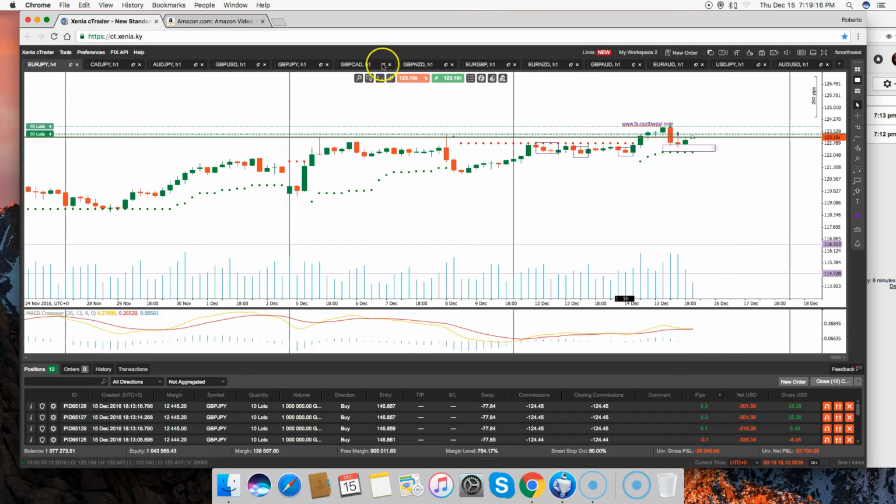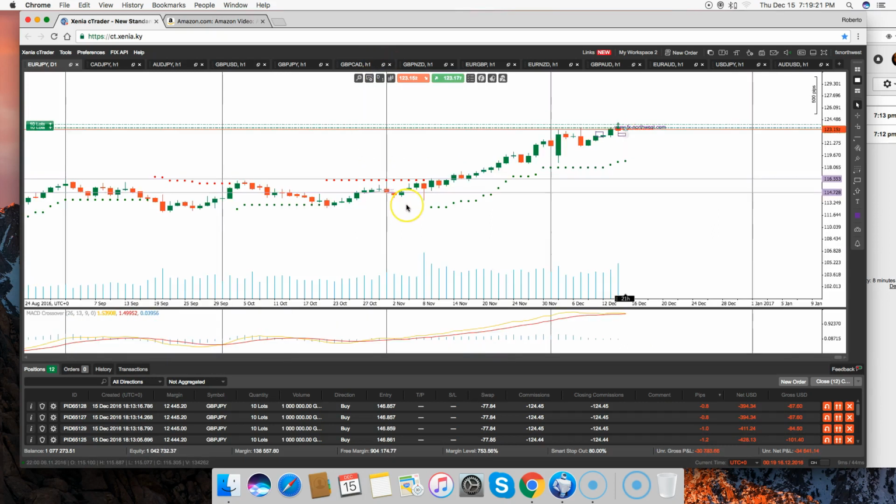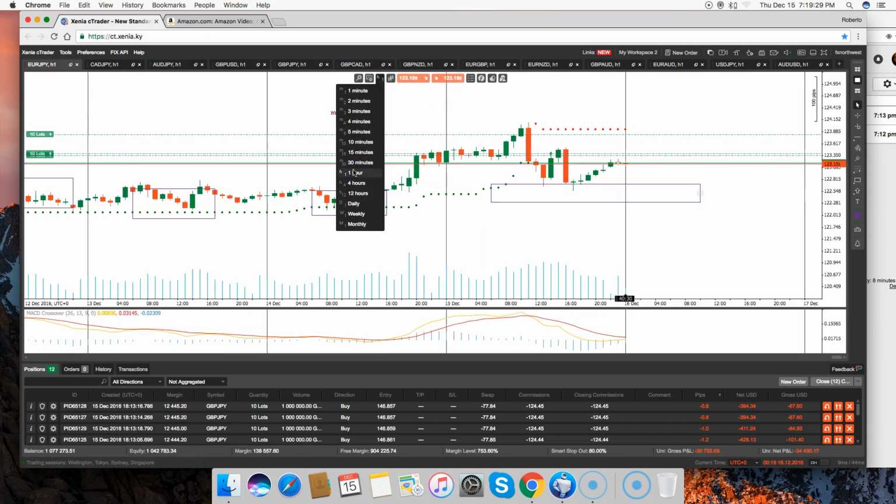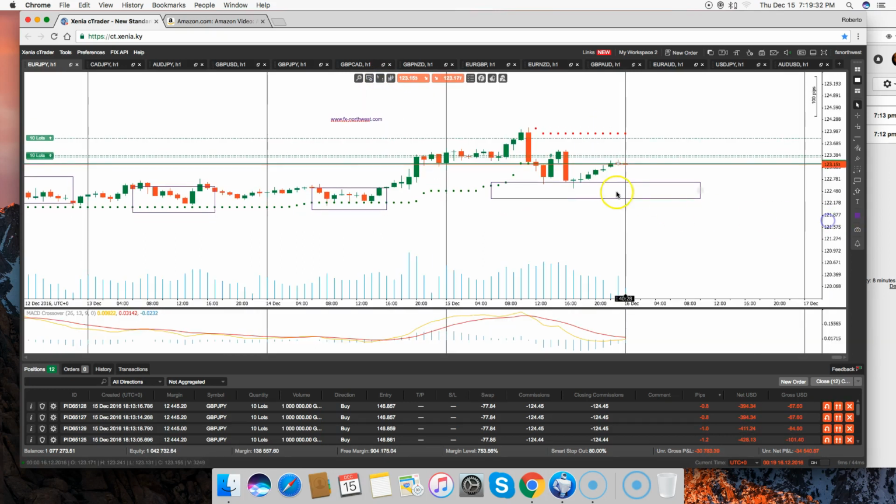So the correct way to trade is simply looking at higher time frames to figure out the overall direction of the market and then scrolling down to a 1 hour chart for entries. An entry on this pair, for example, would be here because this is a strong support level. If the market does come back down on the pound yen to these levels at 122.48, then I would simply add another position.